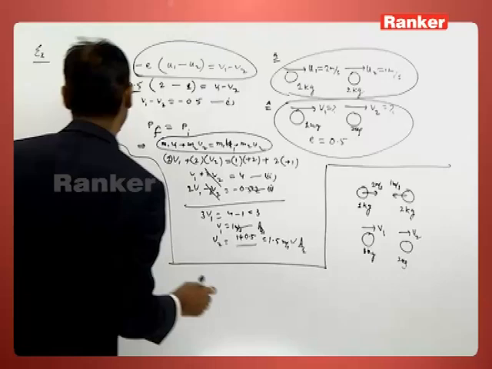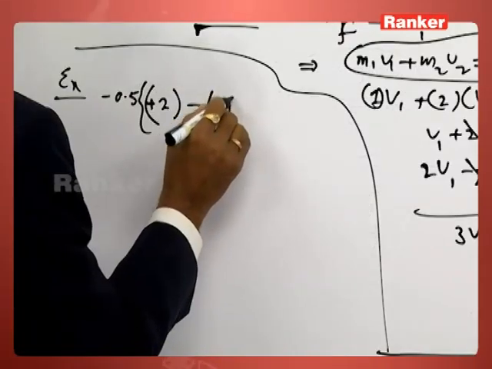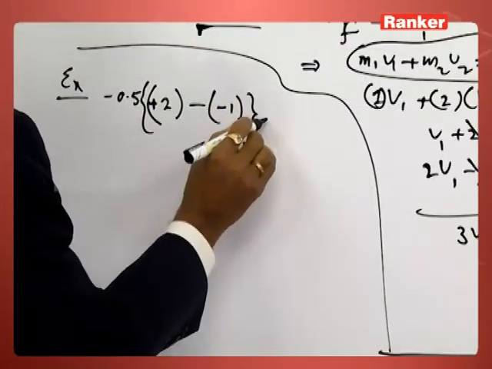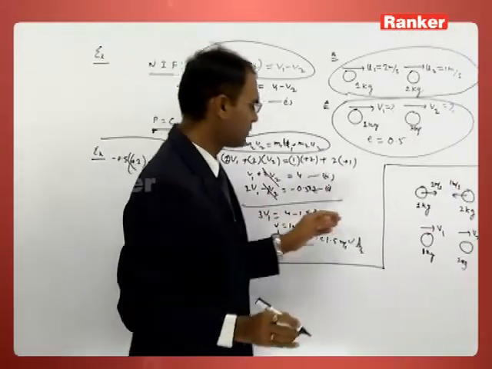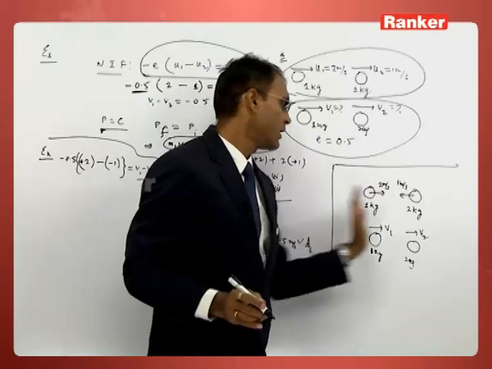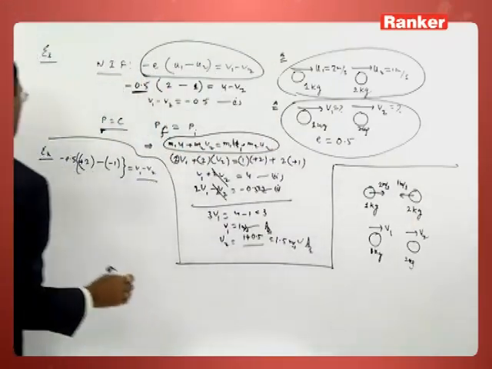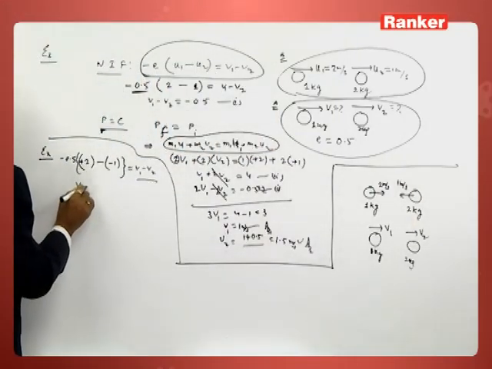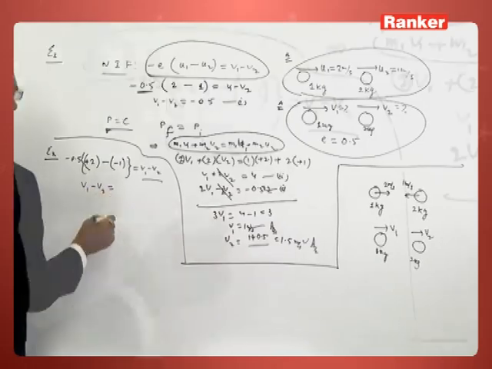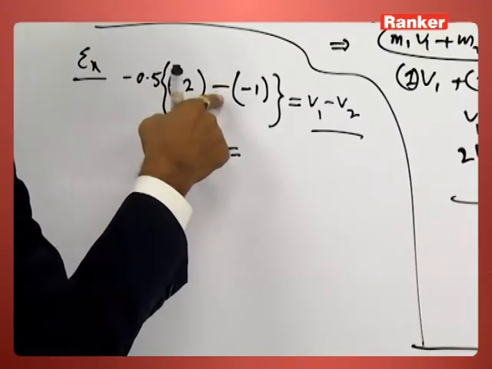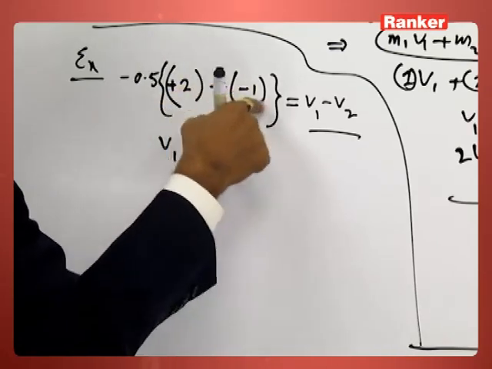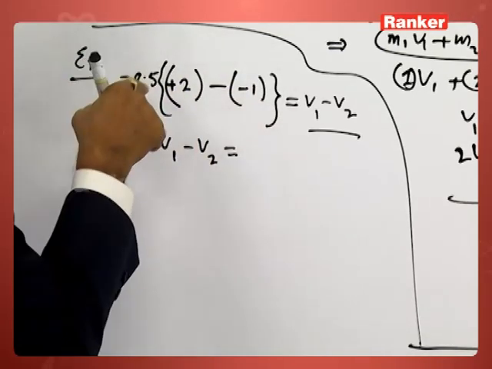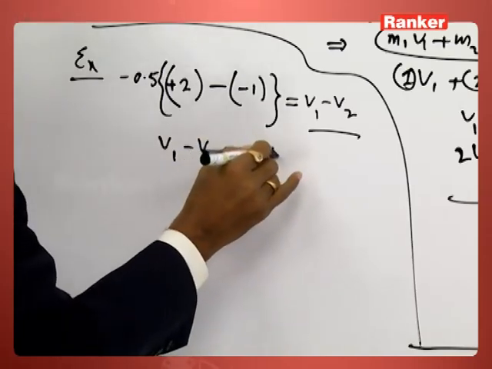Therefore, this will be minus 1, equal to v1 minus v2. We have assumed this velocity is in positive x direction. So, just simplify them. Plus 2 minus 1 plus 1. So, 3 into 0.5, that is minus 1.5.